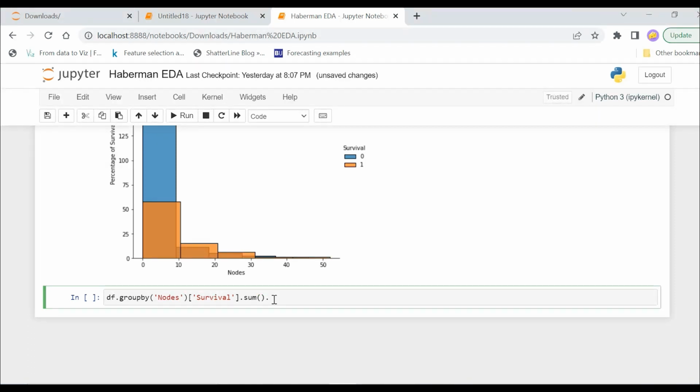Sum dot sort values, ascending equal to false.